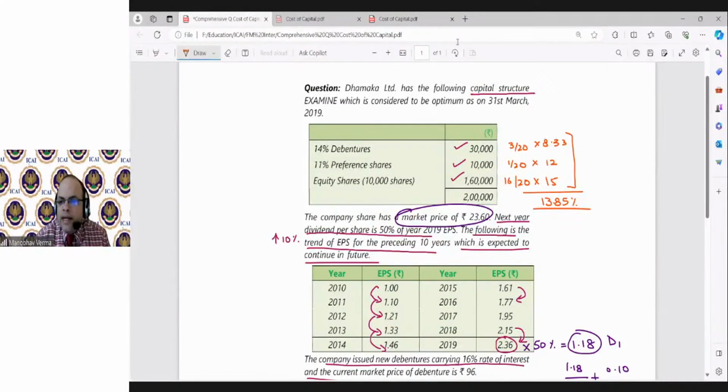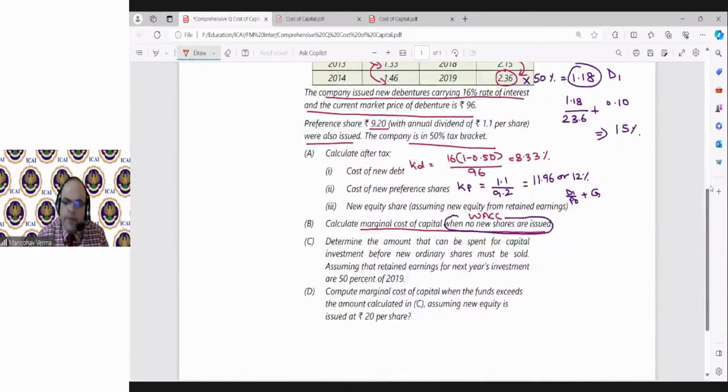Okay, so in that case, now is the very, very important time, guys. We need to understand quickly the requirement of the question C and D. Question number C says, determine the amount that can be spent for capital investment before the new ordinary shares must be sold, assuming that retained earnings for the next year's investment are 50% of 2019.